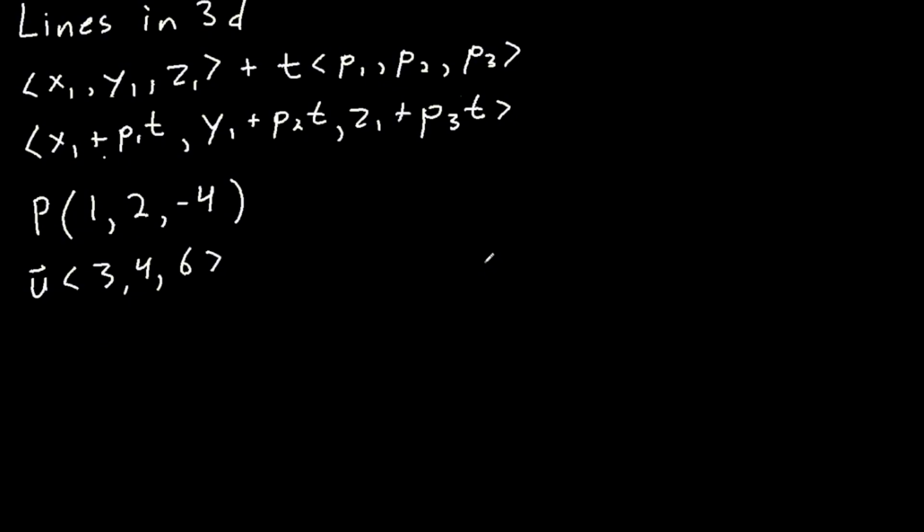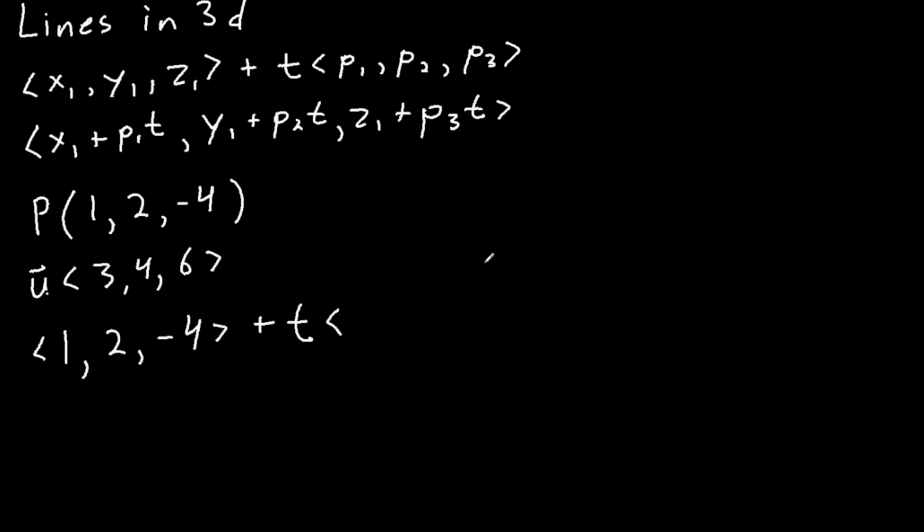Okay, so how we're going to start this? Well, we're going to start by plugging in whatever's in the points into this part here. Because remember, this part of the formula is any given point on the line. Doesn't matter, just choose one. So x1 is 1, y1 is 2, and z1 is negative 4, plus t.